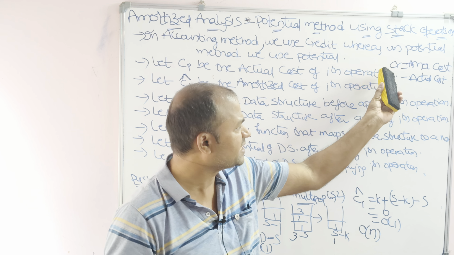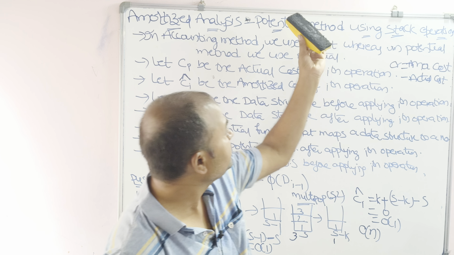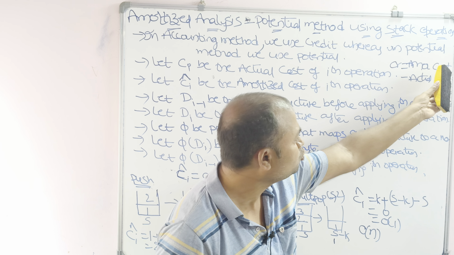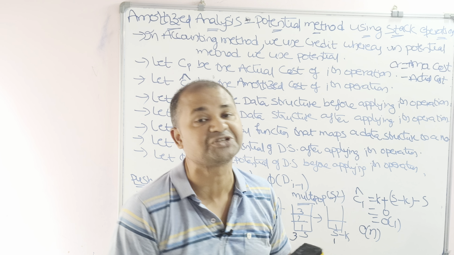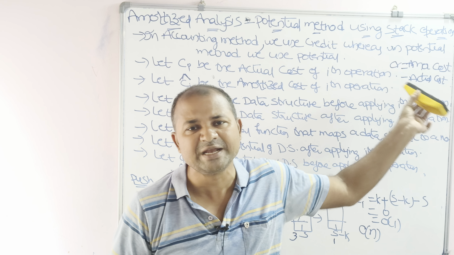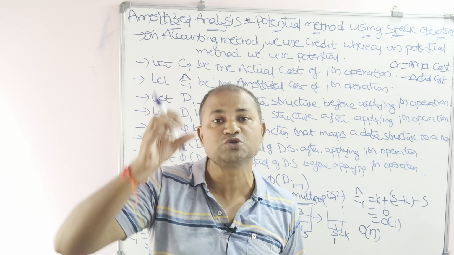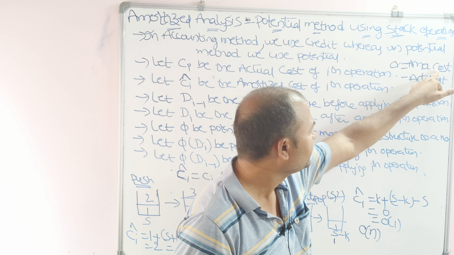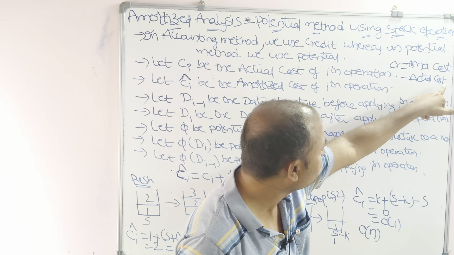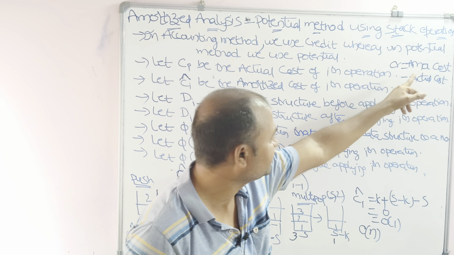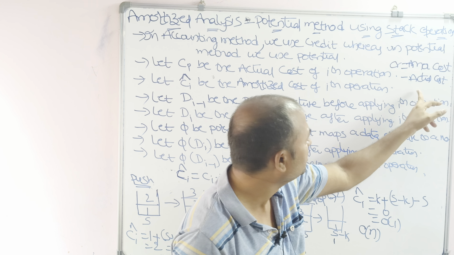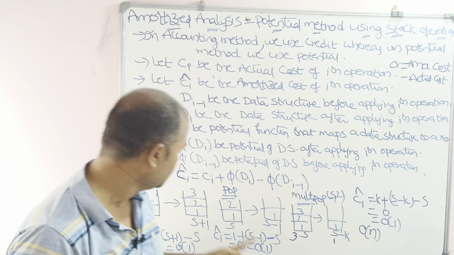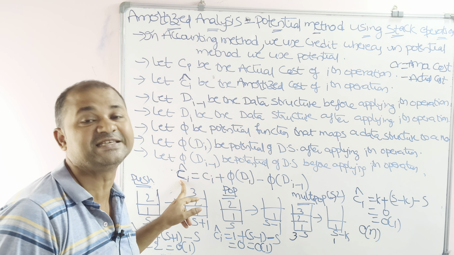In the accounting method, credit equals amortized cost minus actual cost. Whereas now, in place of credit, we have to use potential. So for the amortized cost, moving the actual cost to the left side, amortized cost equals actual cost plus credit. Here amortized cost means Ci bar.